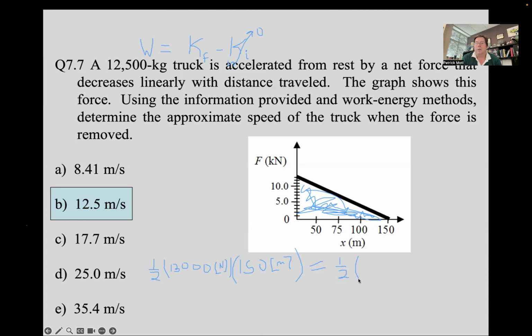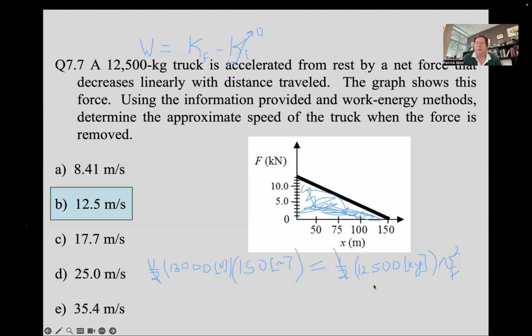The mass of the truck was 12,500 kilograms. And the thing we're trying to solve for is V final squared.